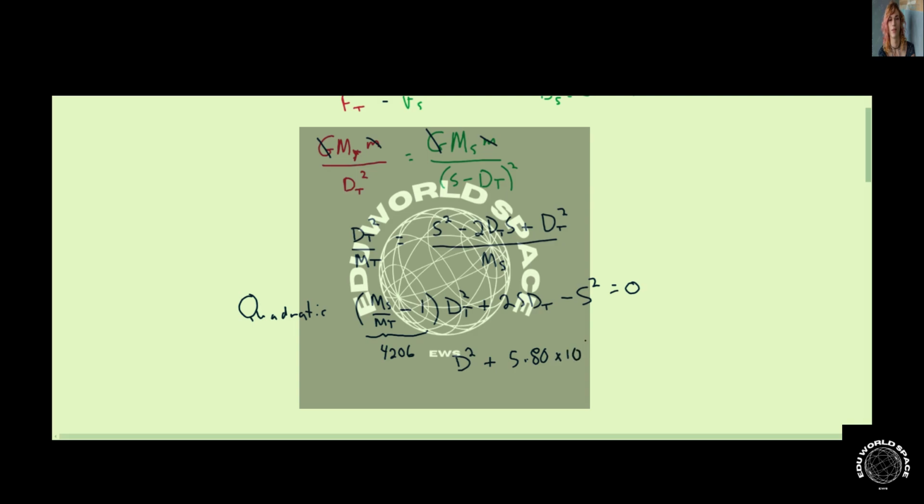Probably not like a quadratic equation you've ever seen with these large numbers, but that's what makes this problem astronomical. And the units, by the way, will give us meters. We've been careful to keep our SI units.